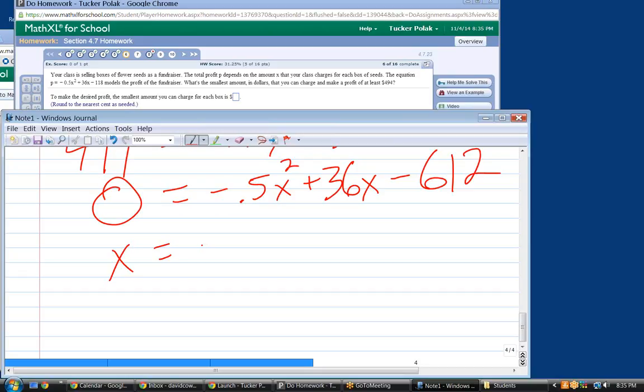Negative 36. What comes next? Negative 612. No, it's b squared minus 4ac.